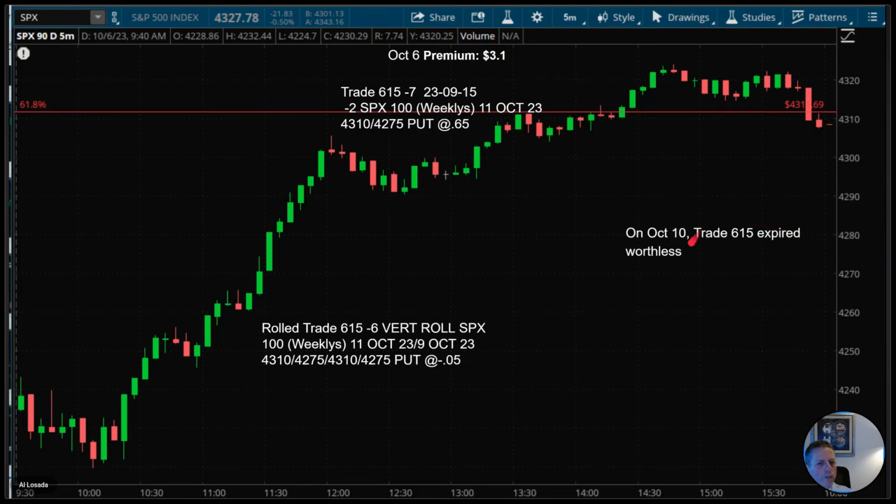And by October 10th, the last position actually expired. Okay, and we closed that trade altogether. So from the beginning we had $1.40, right? And now at the end you have $3.10. So you can actually roll these positions for gains if you're managing them correctly.